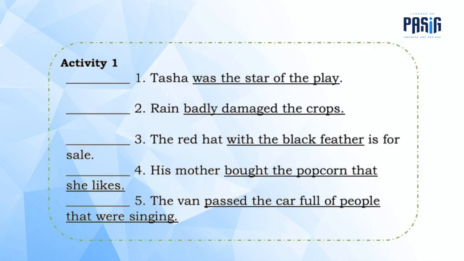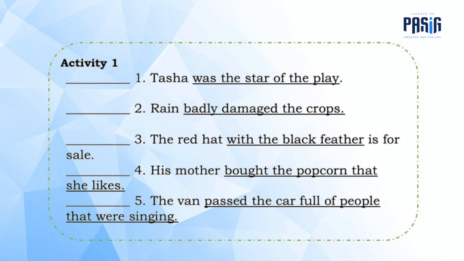This time for our activity number 1, tell whether the underlined predicate in each sentence is an object, complement, or modifier. Write your answer on the space provided. Number 1. Tasha was the star of the play. Number 2.